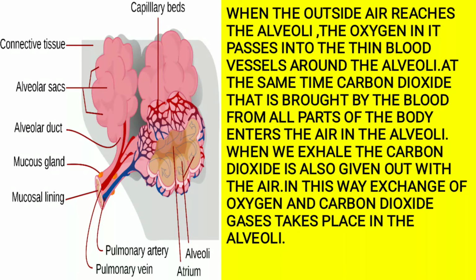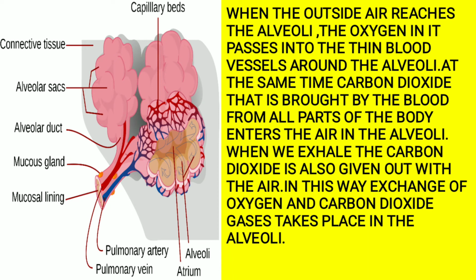Now here, look here, when the outside air reaches, now these are all small air bags, as I told you, alveoli. What happens in the alveoli? You can see over here blood vessels are there. So oxygen is being carried here in the blood vessel. It passes through these thin blood vessels around the alveoli.